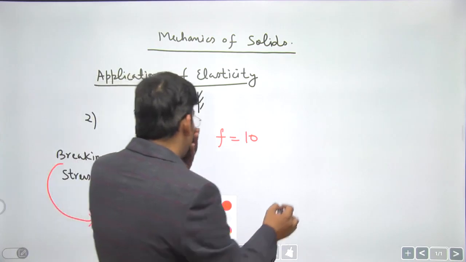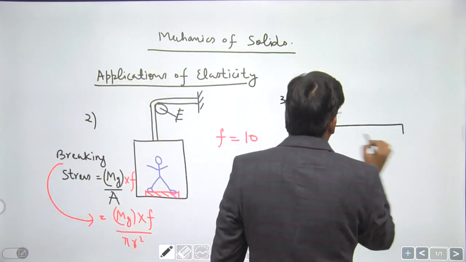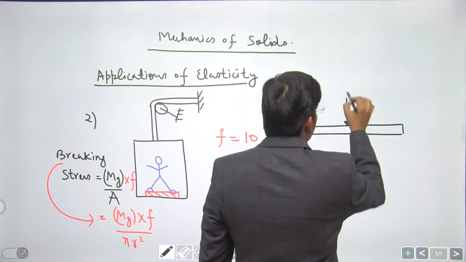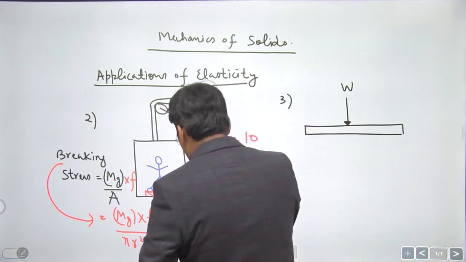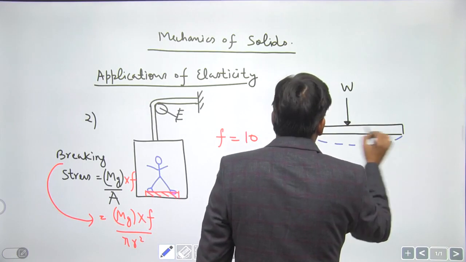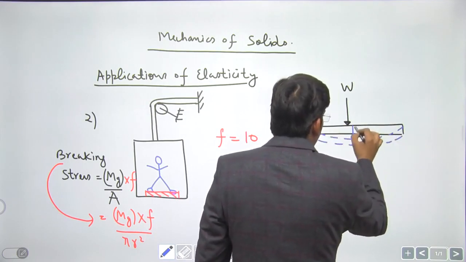Now we have another application, right? Designing bridges. So this is the weight W, okay, and due to heavy load these bridges bend. This bending is delta.